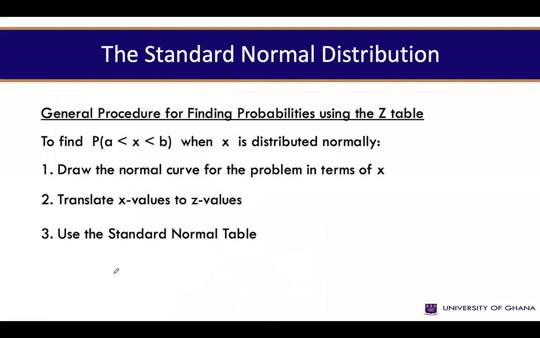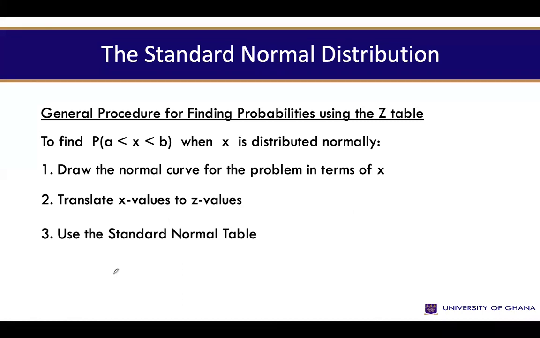There are a lot more examples that we will be looking at, and you would follow suit as we move on. So what are the general steps of finding probabilities using the standard normal distribution table? You have to standardize.